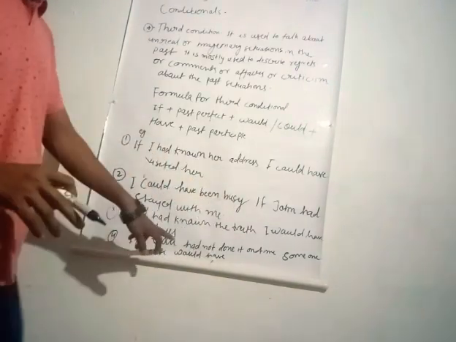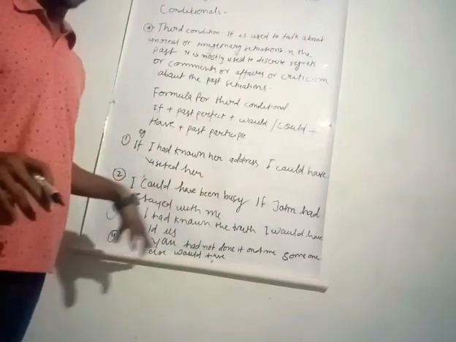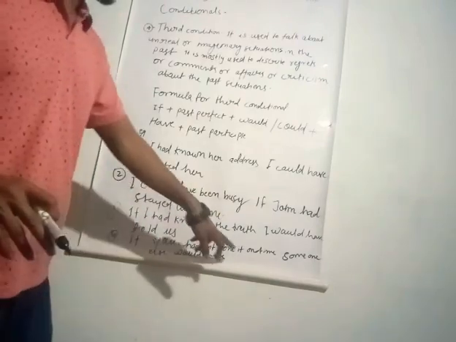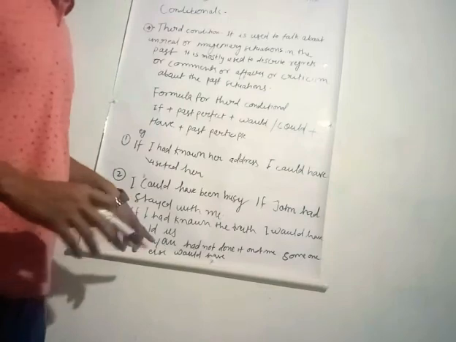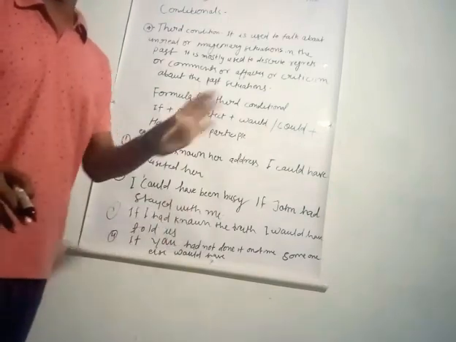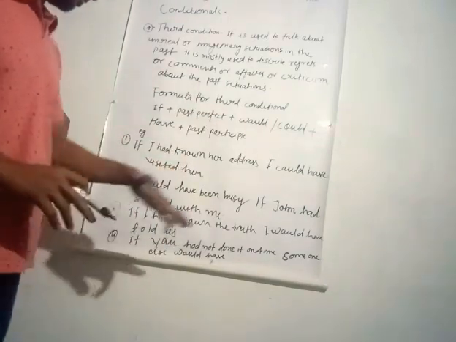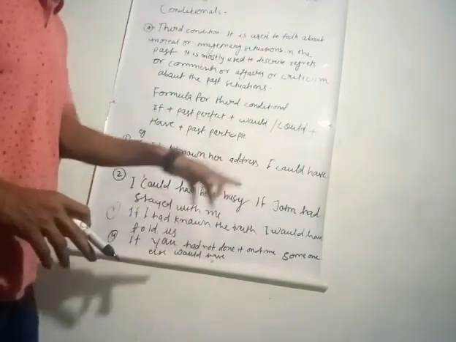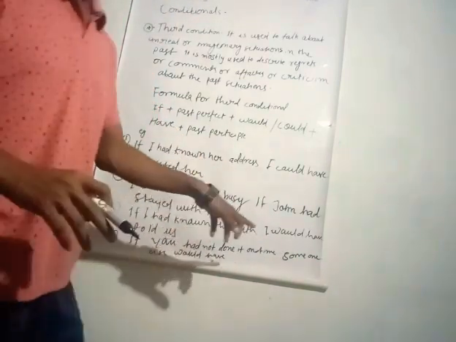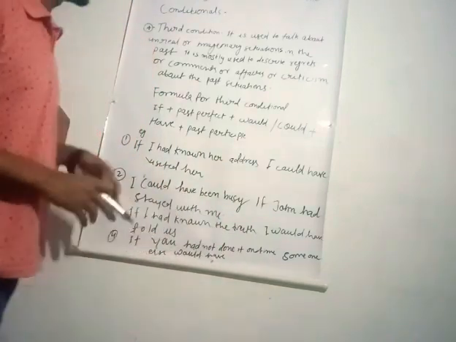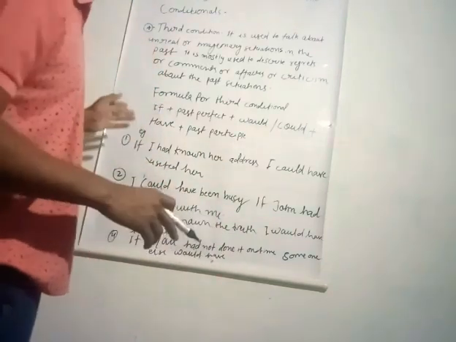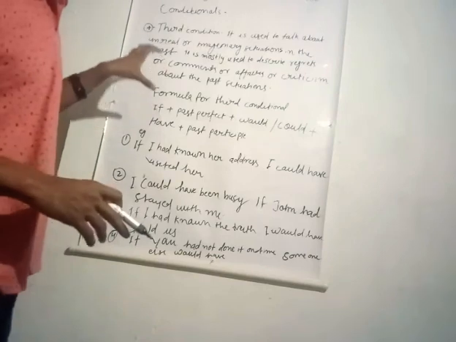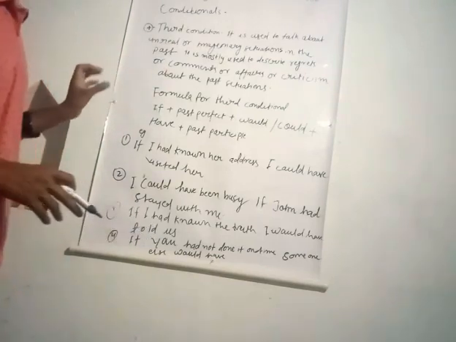Fourth one, if you had not done it on time, someone else would have done it. You can also say, someone else would have done it if you had not done it on time. So these are the examples, definition, and how to use the third conditional.